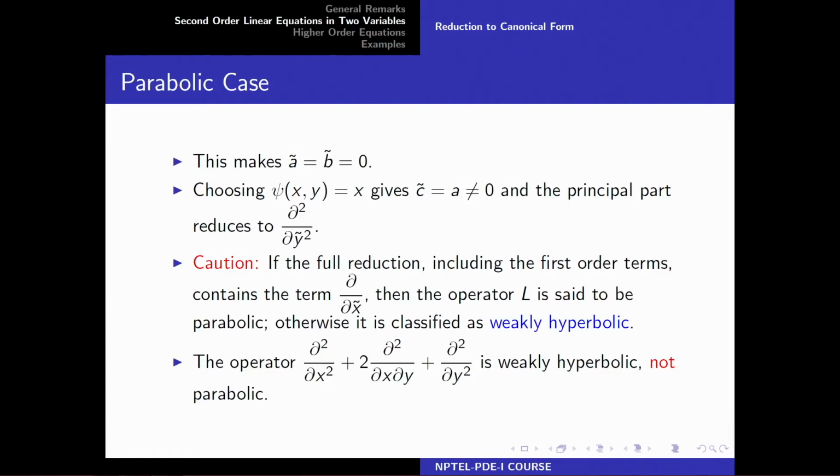We could do the reduction in the hyperbolic and parabolic cases, with this caution. Either parabolic or weakly hyperbolic we can do that, and now the only case that is left is AC minus b square greater than 0, and that is a bit tricky, that we will take up in the next lecture. Thank you.